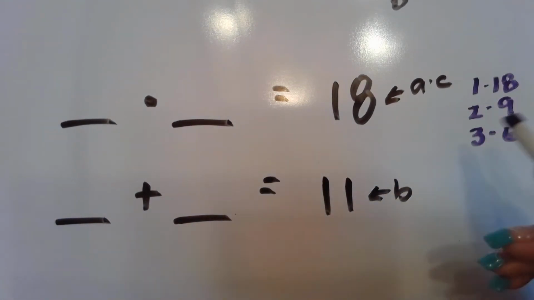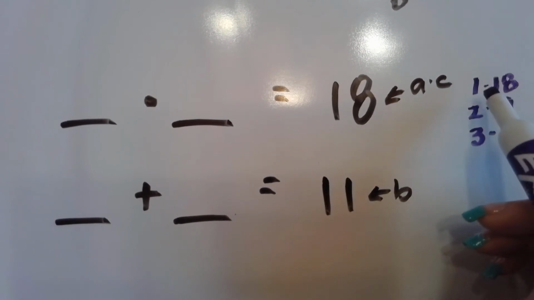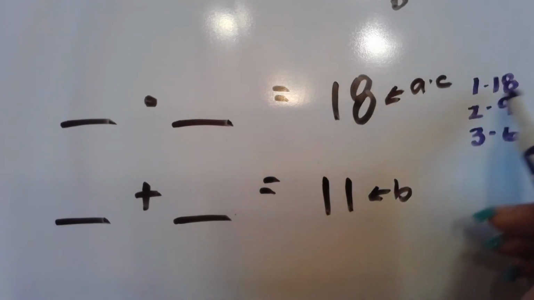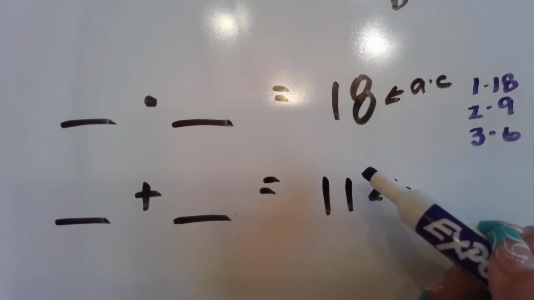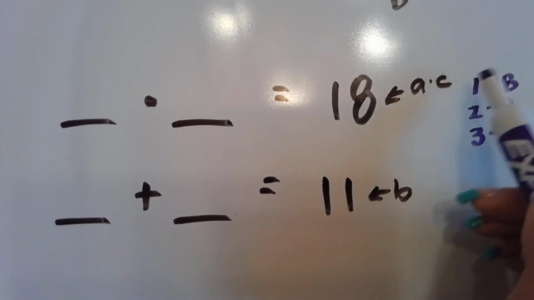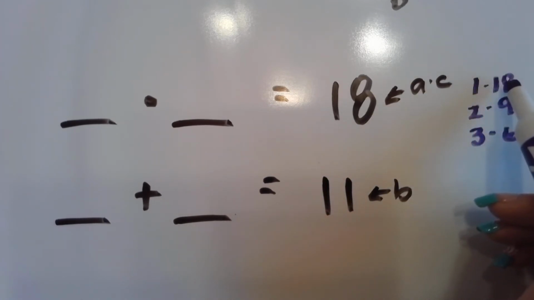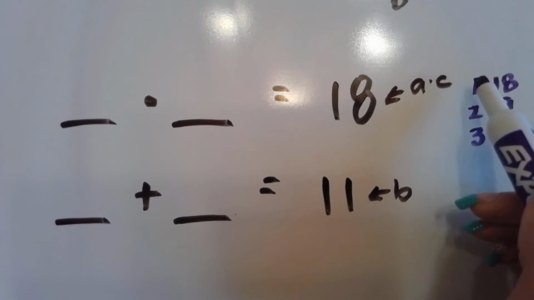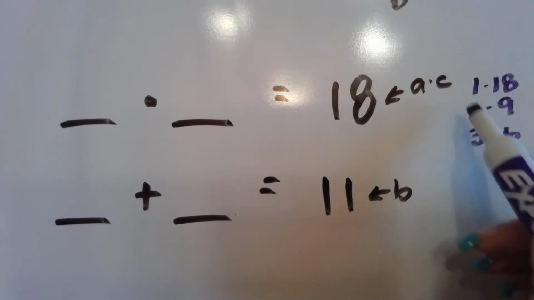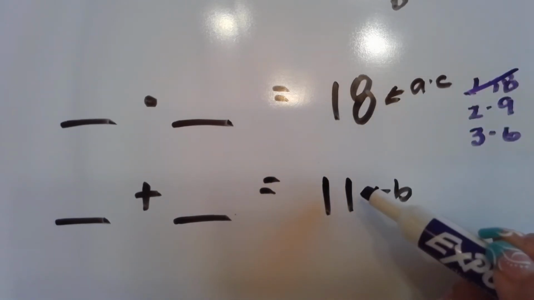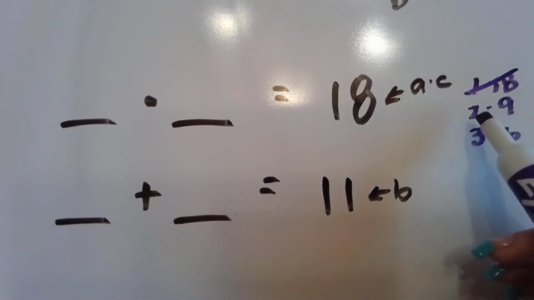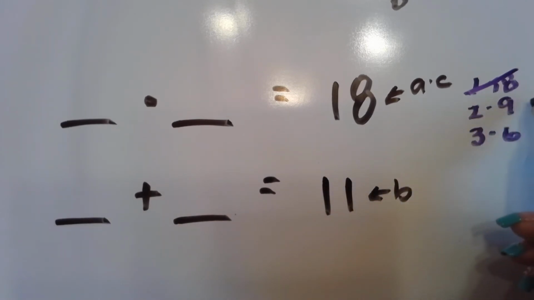So 1 and 18, there is no way that this could equal 11. 1 plus 18 would be 19. 18 minus 1 would be 17. So there's no way that this one could ever equal 11. 2 plus 9 equals 11.